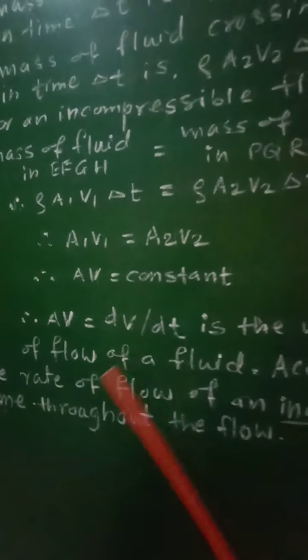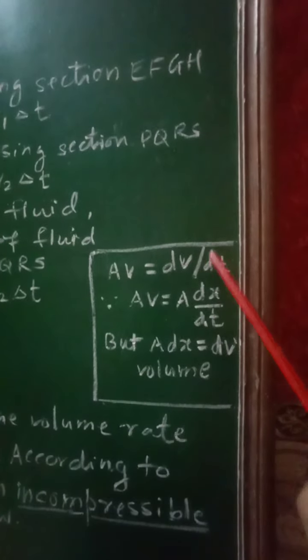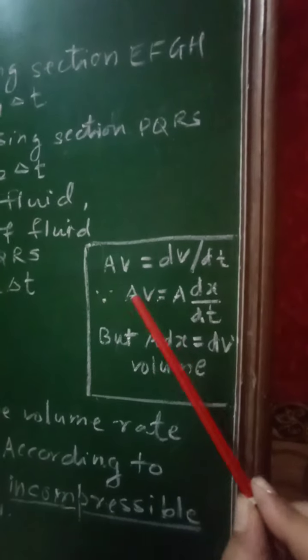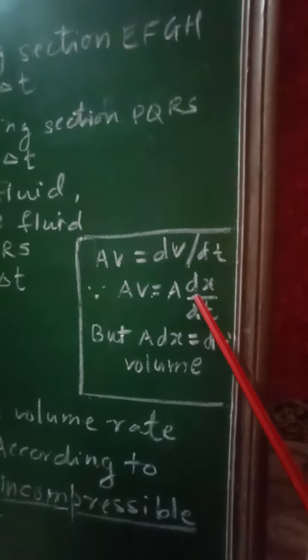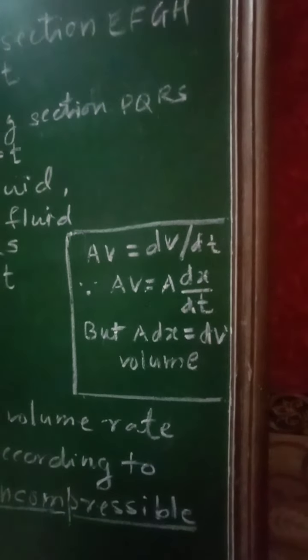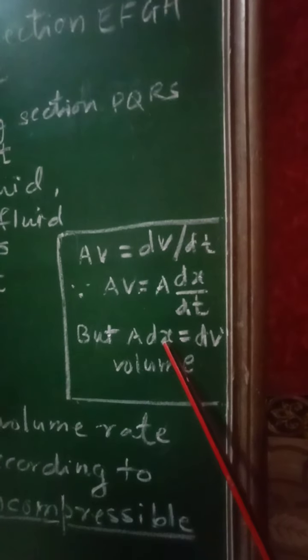Now how will it be? It will be like this, as AV is equal to dV by dt. Therefore AV will be written as A into v, that is area into velocity, but velocity is nothing but displacement upon time, and therefore it is A into dx by dt. But A into dx is area into displacement.